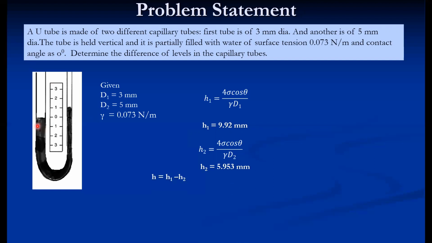The difference between the 2 tubes, that is the level difference, is 3.96 mm. Even though both tubes are exposed to the atmosphere, still the level difference is there. This level difference is because of the capillary action.